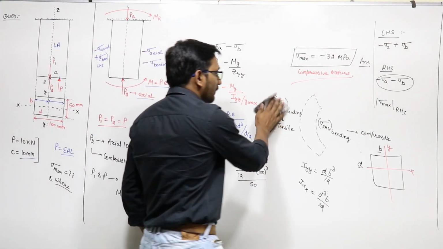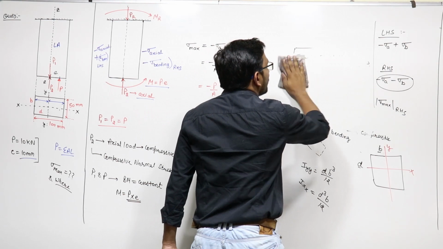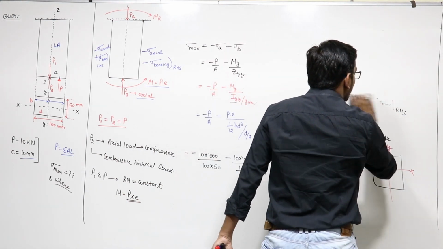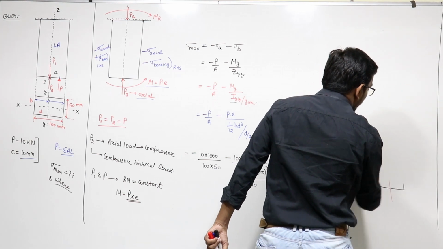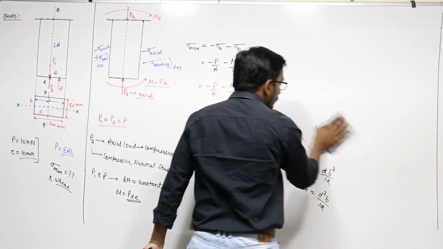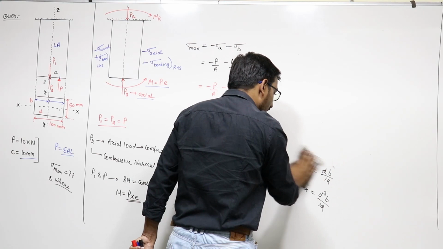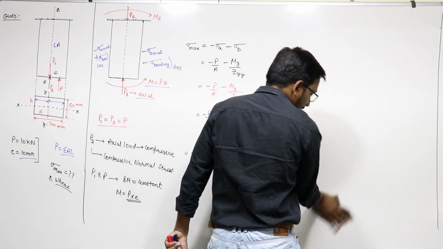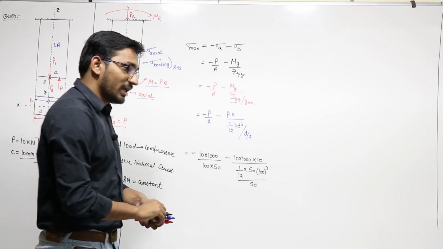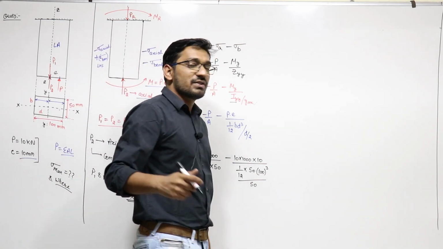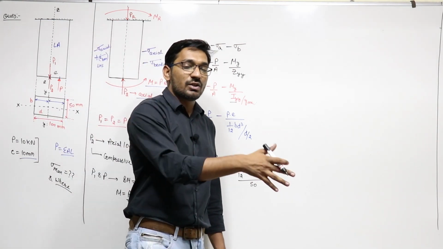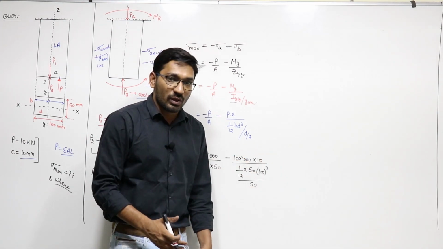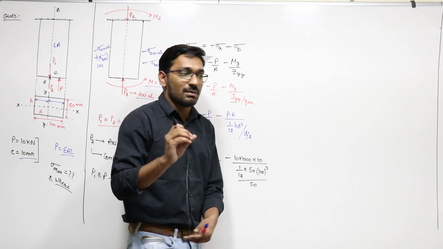If this question is asked in GATE, just remember one thing: the fiber which is close to the point of loading, the point of eccentric axial load, has the maximum stress.